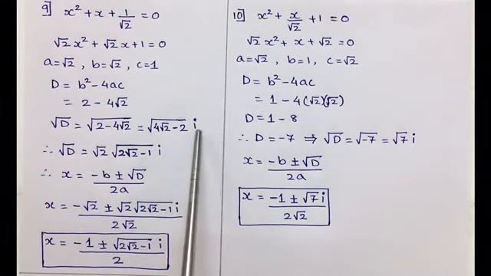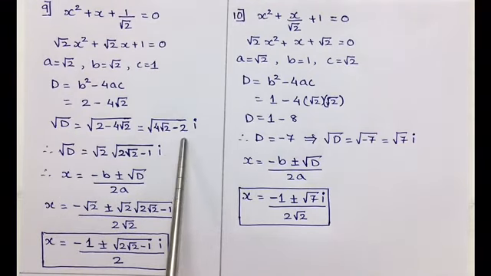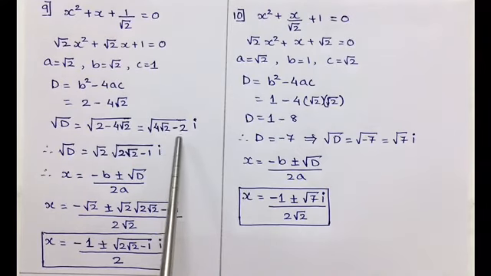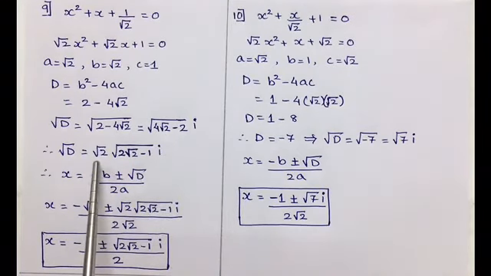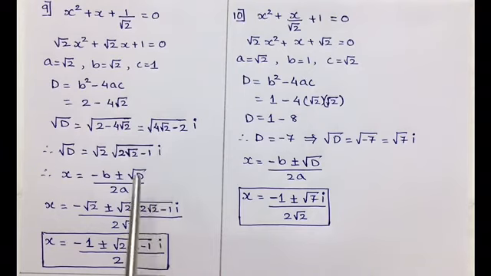So for that we need to write here i. So we got here root d is equal to, taking out root 2 common from inside the root sign, root 2 coming out common. So root 2 under root of, inside the root remains 2 root 2 minus 1 i.